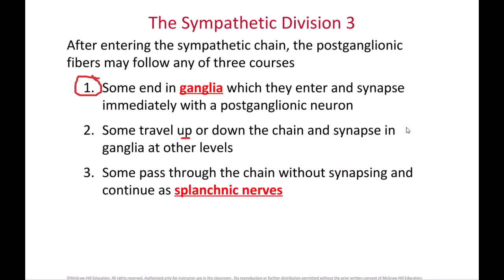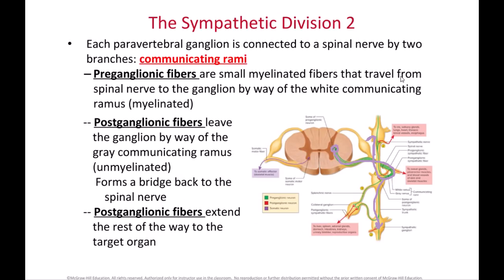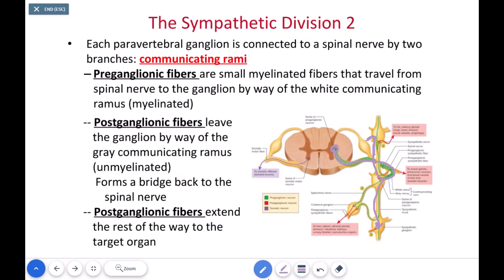And then we had method number 3. For method number 3, that preganglionic fiber is going directly through the chain and not synapsing at all with any of the ganglion in the sympathetic chain ganglion. Instead, we'll have it form a splanchnic nerve.